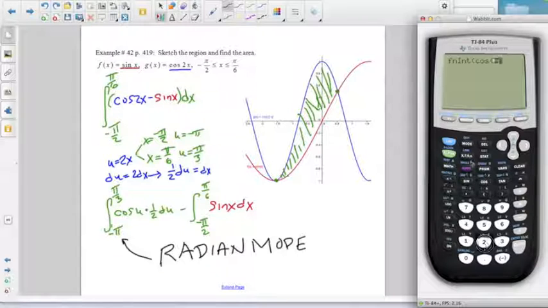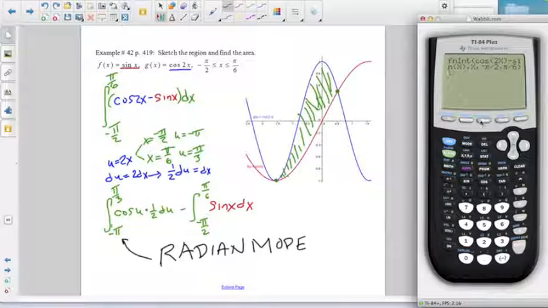And then go ahead to math 9, get our fnInt, and then I can type in cosine of 2x minus sine of x, and the variable of integration is x. The lower limit is minus pi divided by 2, and our upper limit is pi divided by 6.